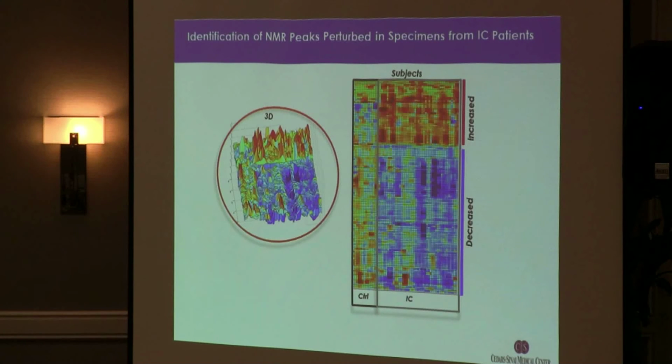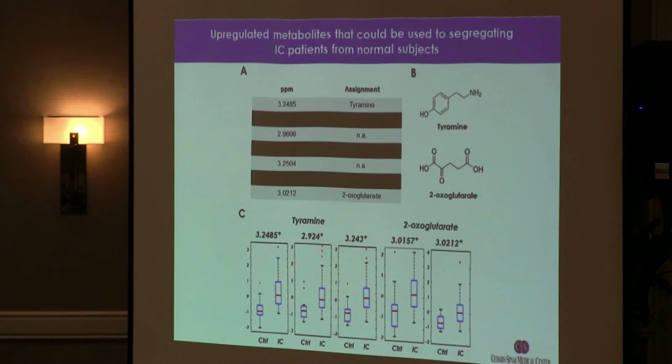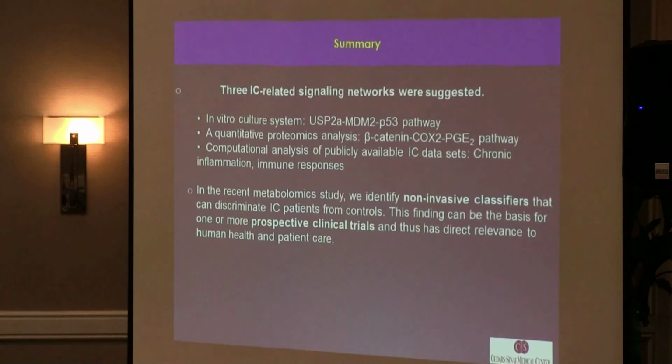And this heat map also showed 140 candidate NMR spectral features which are specifically associated with the IC patients compared to controls. So we wanted to identify those spectra, and we realized that tyramine and 2-oxoglutarate can be candidate IC-associated biomarkers from urine samples.